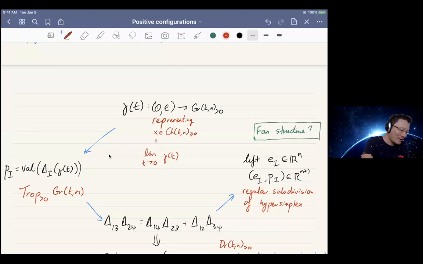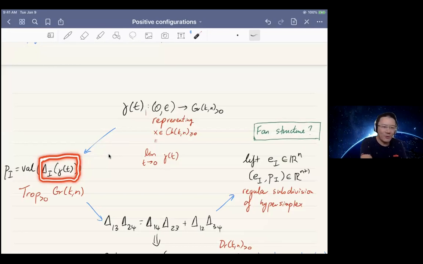meaning that if I take gamma of t, for any t, gamma of t is a point in the Grassmannian, it has Plücker coordinates. So if I look at the Plücker coordinate of gamma of t, for any Plücker coordinate delta I, this thing is a function of t, and let's assume, I mean, we can work with Puiseux series, but let's assume it's a formal power series. If it's a formal power series, I can take its valuation, which is the minimal degree.